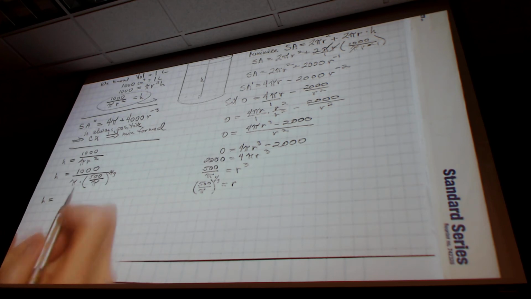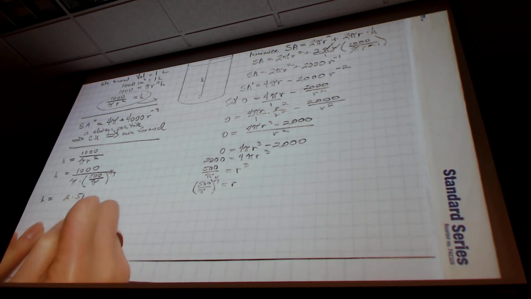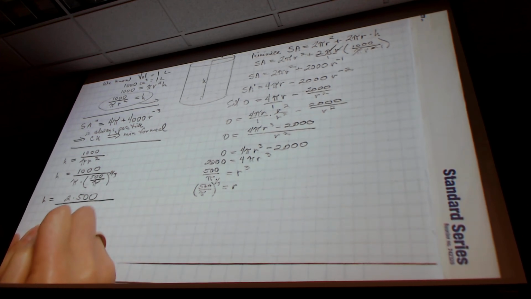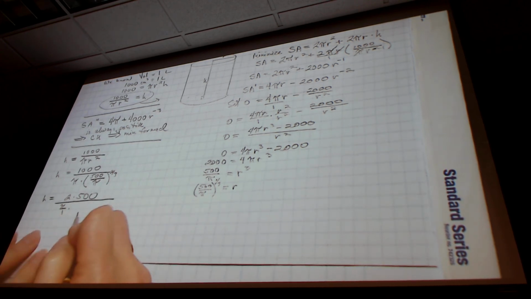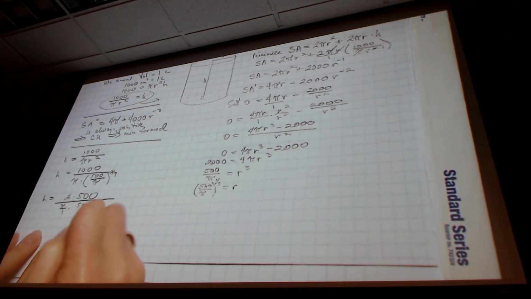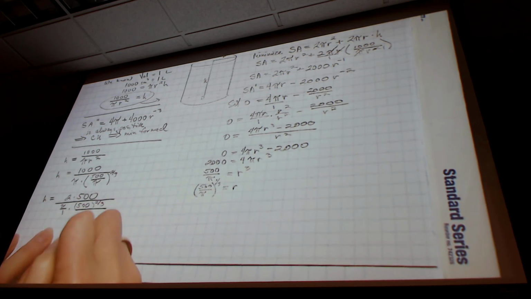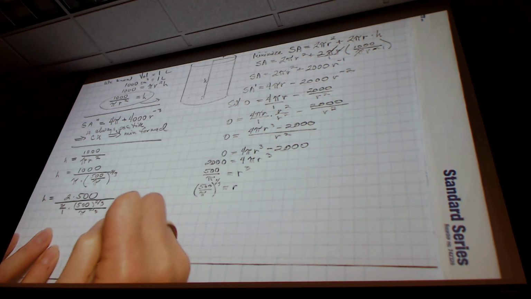Okay, well, let's see. In the numerator, I'm going to write that as 2 times 500. In the denominator, I'm going to write it as pi over 1 times 500. Well, it's to the 2/3, and pi down here is also to the 2/3.